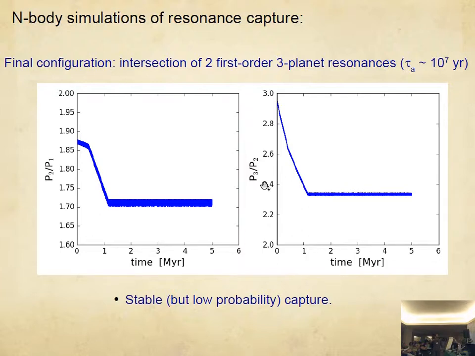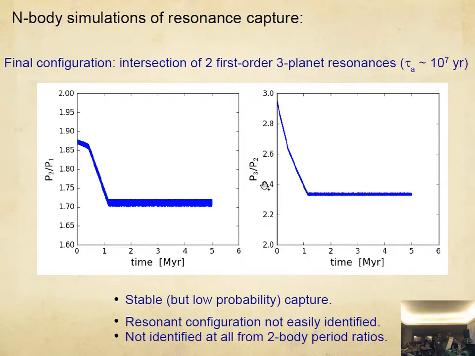So this is stable, although 2 walls defined by first order 3 planar resonances are not so common. Now, the interesting thing is that if you have this type of system, it will be very difficult to identify, and it will be impossible to identify if you're just looking at the 2 planet resonances.